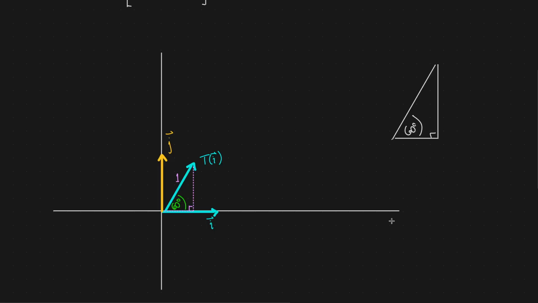The ratio of the sides of a 60-degree triangle are 1, 2, square root of 3. Longer sides opposite bigger angles. Okay, 1 is the shortest side, opposite the shortest angle, 30 degrees. Root 3 is the next biggest number, so it's opposite the next biggest angle, 60 degrees. The longest side is 2. That's our hypotenuse. It's opposite 90 degrees.